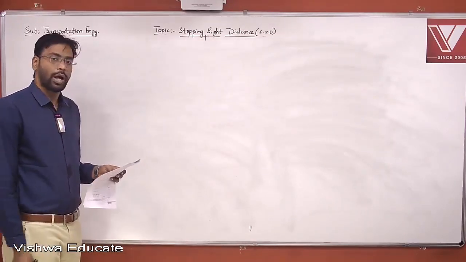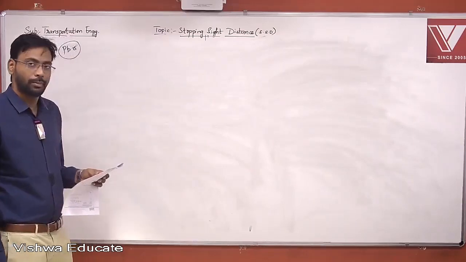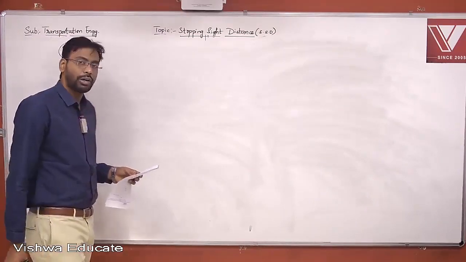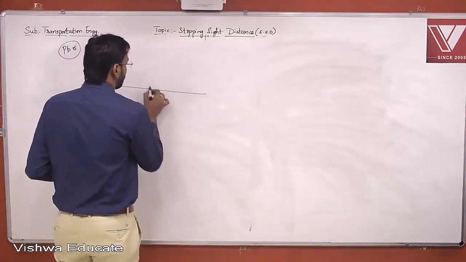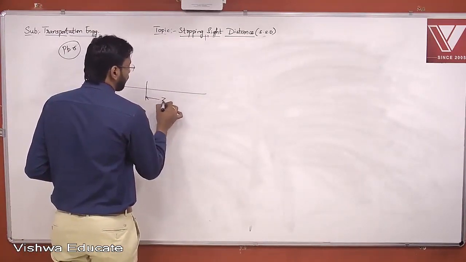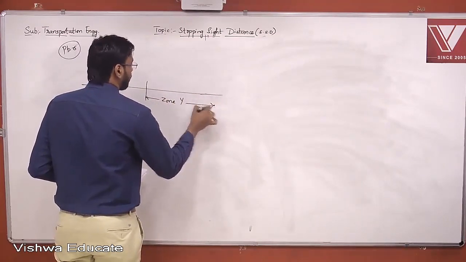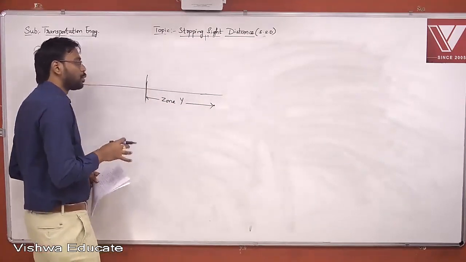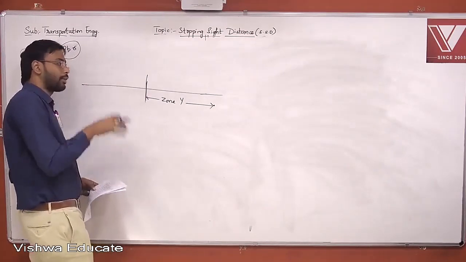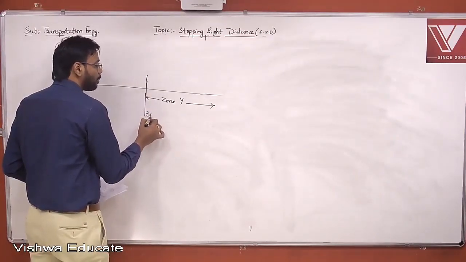A sign is required to be put up asking the drivers to slow down to 30 kmph before entering zone Y. So this is my zone Y, and all the vehicles entering this zone Y should have a speed of 30 kmph.